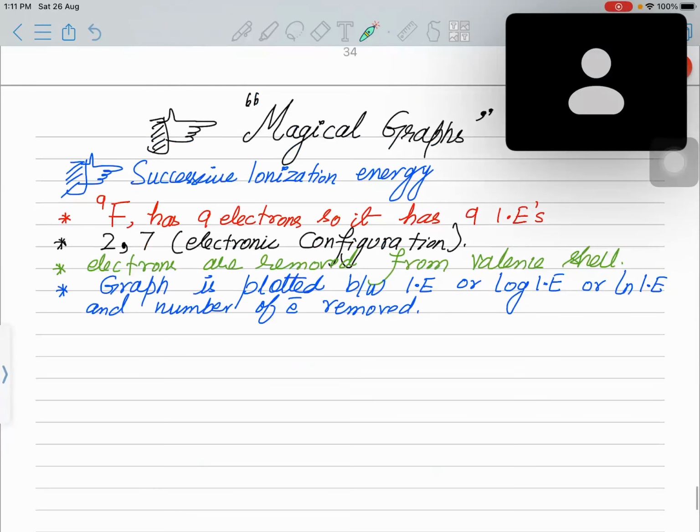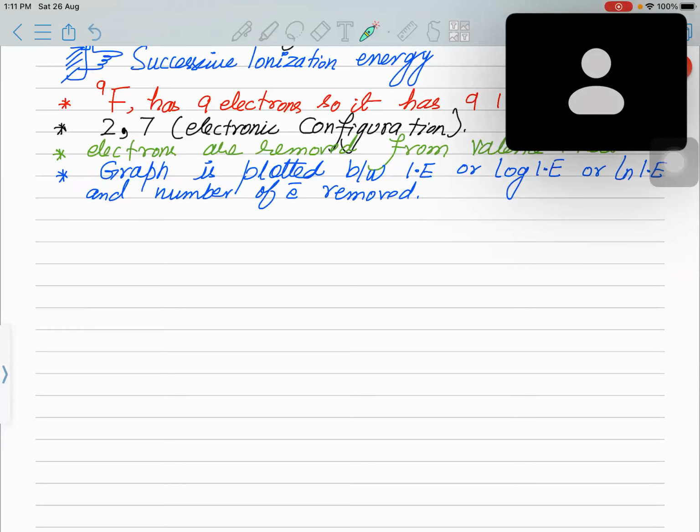Now, the magical graph. Consider this graph.